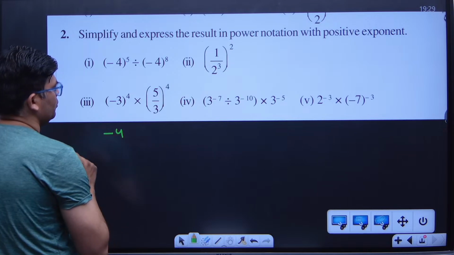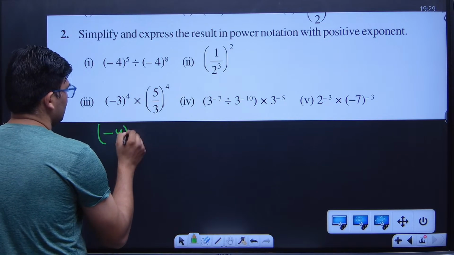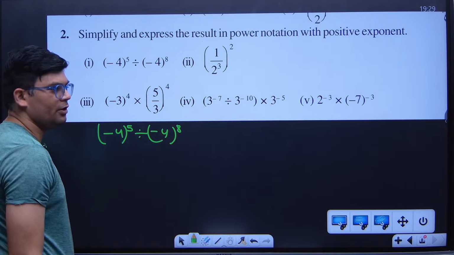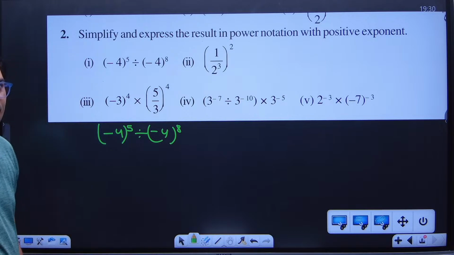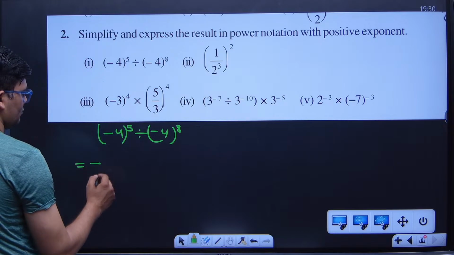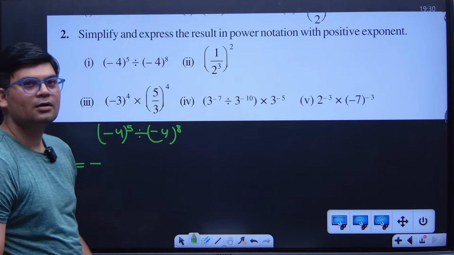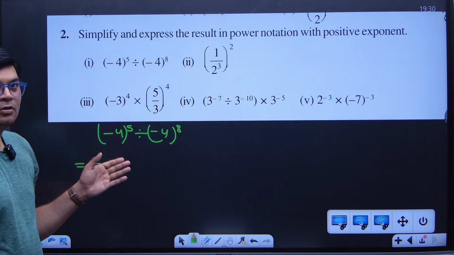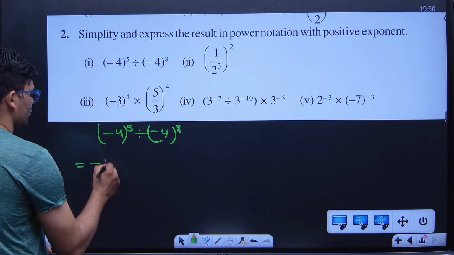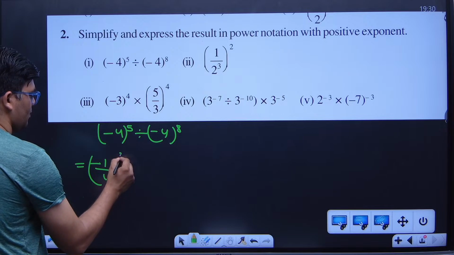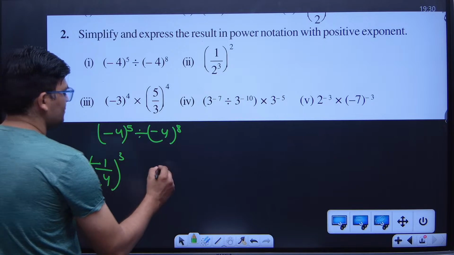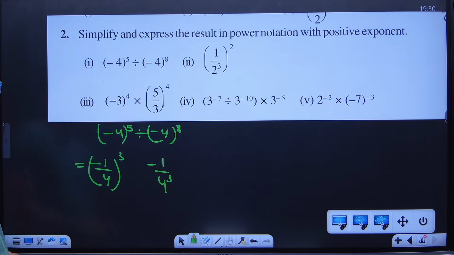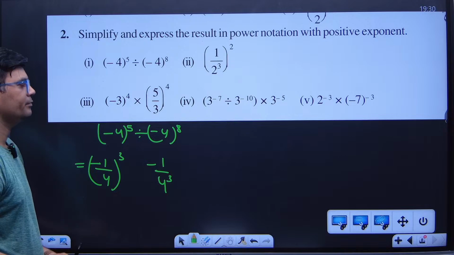Your job is to look for the numbers, whether it is positive or negative. Sir, will it be minus 4 to the power minus 3? But the question is asking you, it has to be positive. So it'll be 1 by 4, or you can write like this: minus 1 by 4 raised to the power 3. Tell me for the second one. One minute, sir.